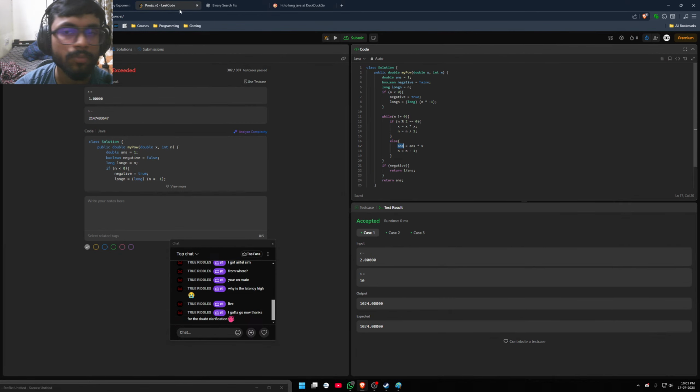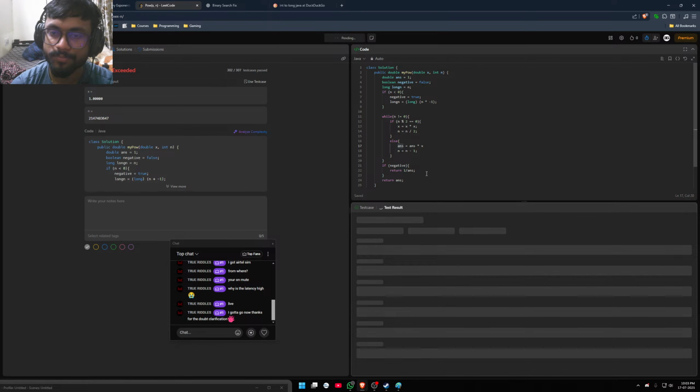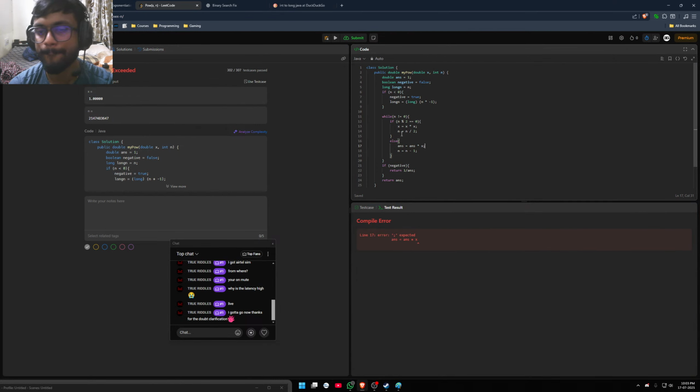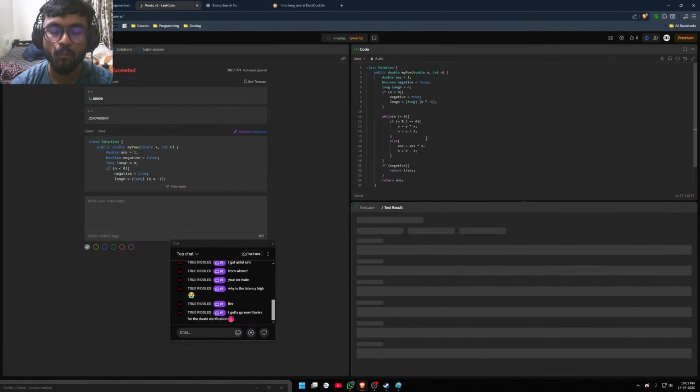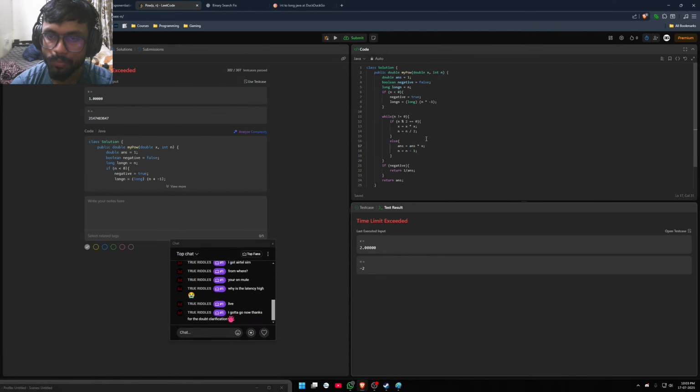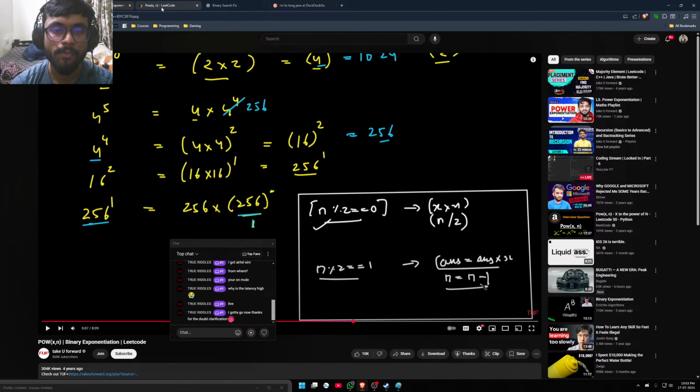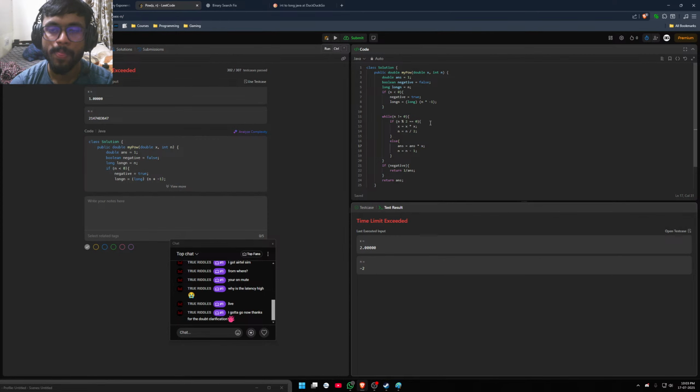Reduced n by 1. And ultimately, whenever our n was 0, we stopped. So this is when we get our answer.